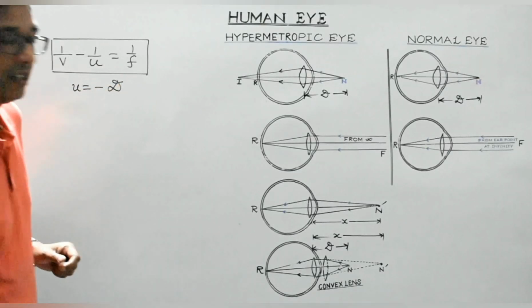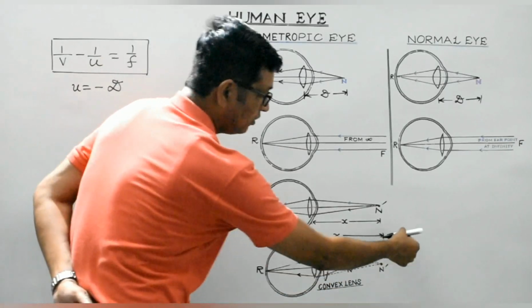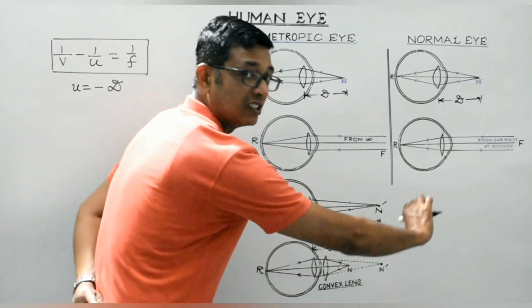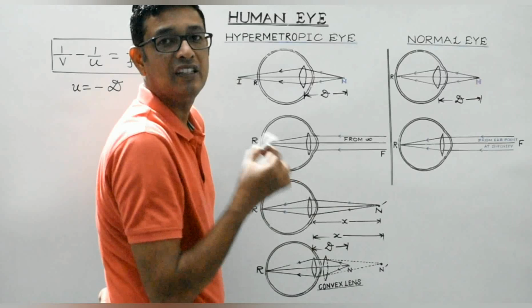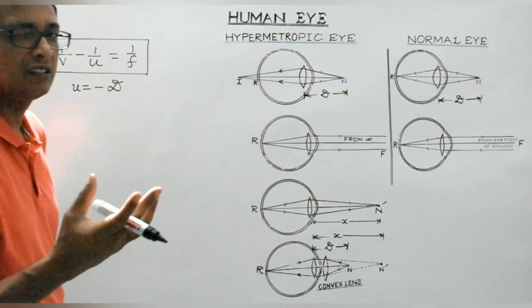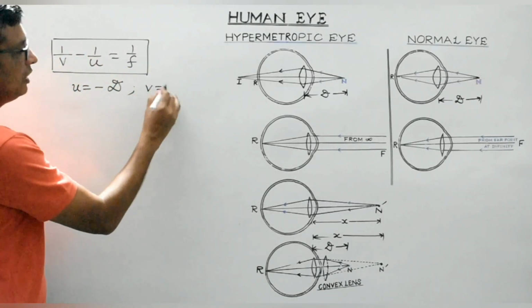Why minus sign? Because the incident ray is coming along this direction, from right to left. But we are measuring the distance from the optical center from left to right, in a direction opposite to which the incident ray is. That is why this negative sign is assigned. We are using the sign convention. Nothing new in it. What about v?